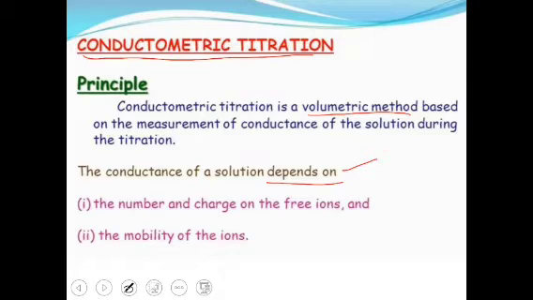The first one is the number and the charge on the free ions. And the next one is the mobility of the ions. The conductance of the solution is majorly depending upon these two: the number and the charge on the free ions, and the mobility of the ions.